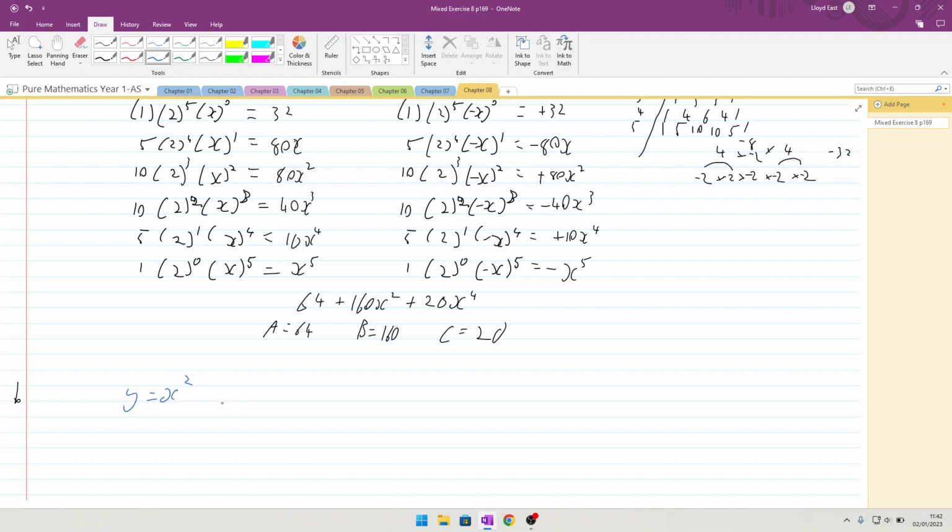For that I'm going to start with the fact that I can say 64 plus 160x squared plus 20, and I'm going to write that out as x squared, because x squared times x squared is x to the 4, is equal to 349.